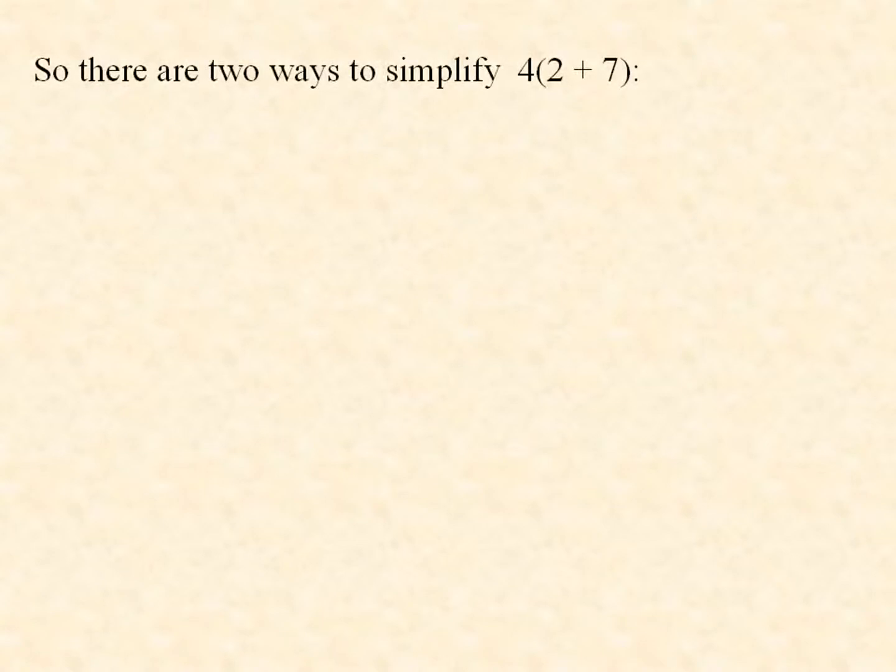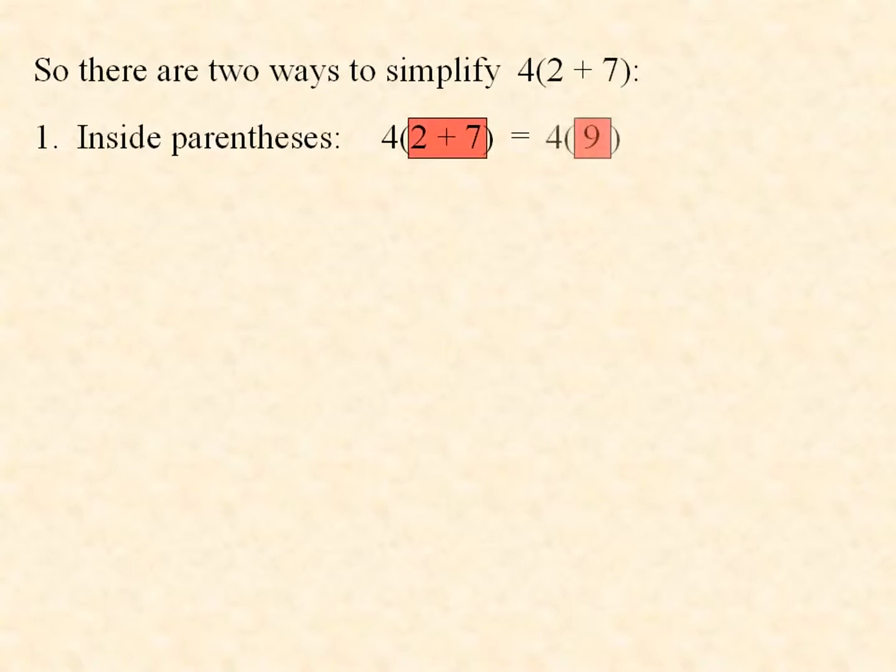So there are two ways to simplify 4 times the quantity 2 plus 7. The parentheses indicate that we should do that first, so if we work out inside the parentheses, we have 4 times 9, which is 36.